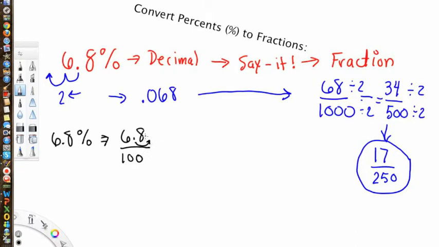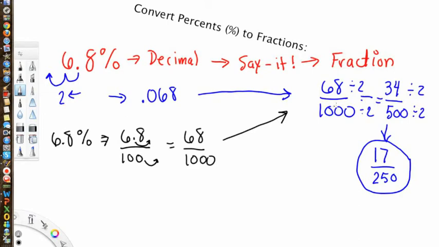Now we know the rule. If we want to keep things equivalent when we're dealing with fractions, whatever I do to the numerator, I must do to the denominator. So when I move this decimal point over one place in the numerator, I'm really multiplying it by 10. I need to do the same thing to the denominator. So now I have 68 1,000ths.